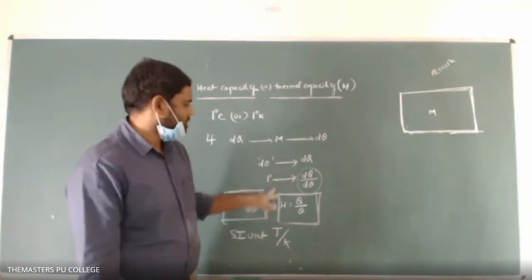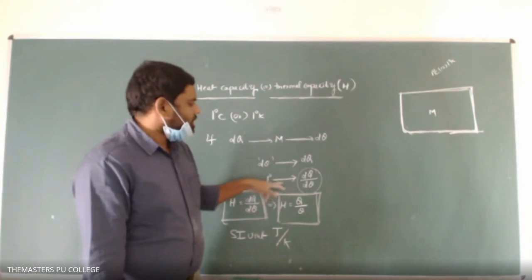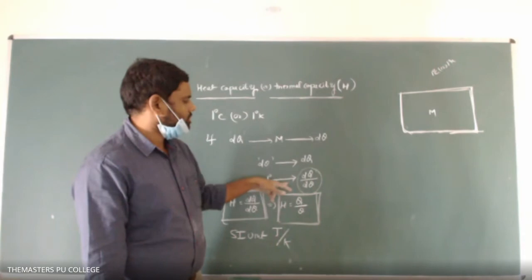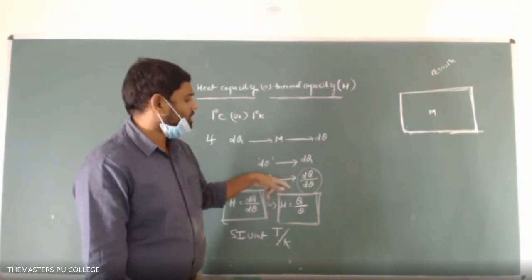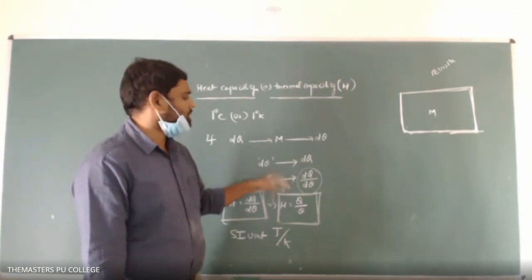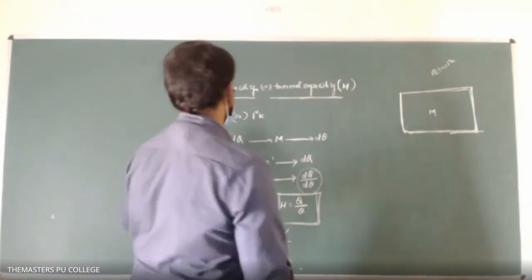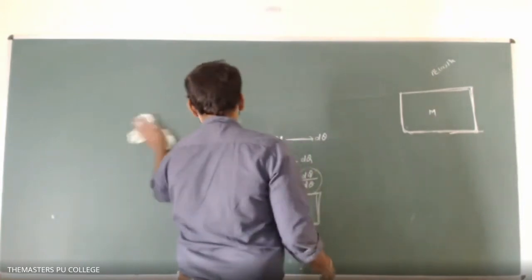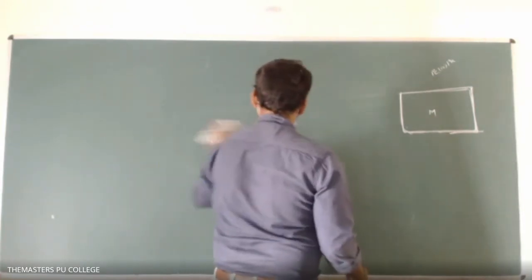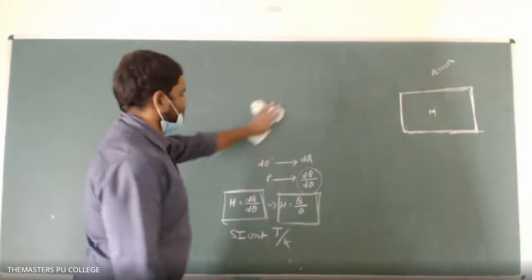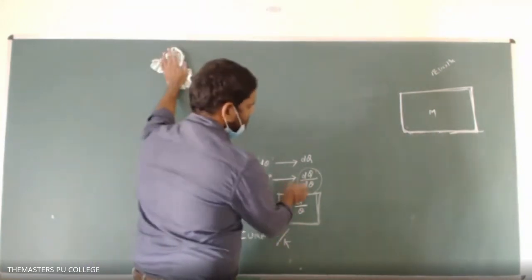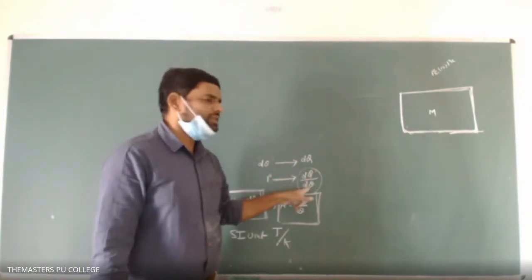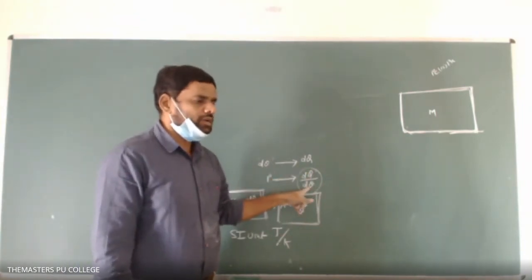Next point. The heat required to raise the temperature of a substance by 1 degree is dq by d theta.